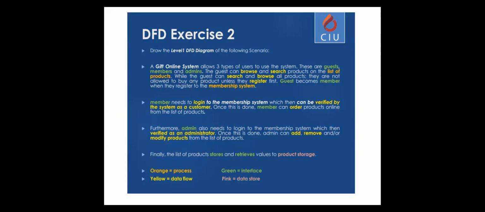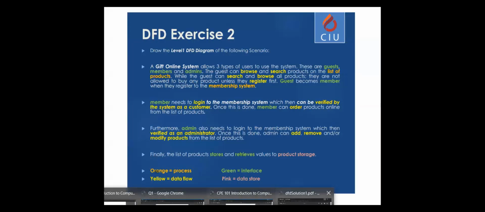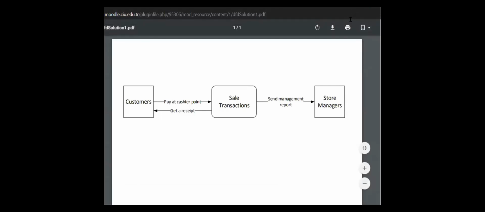There are further details that can be revealed, whether it is level 1 or level 2, but it is definitely not level 0. Because in level 0, we know that there is only one process, and in here, we can see that that is not the case. So this DFD, as given with the description, is at least level 1. So if you want to draw this diagram, you can follow the color code and draw it. And the outcome will be something similar to what I'm going to show you right now.